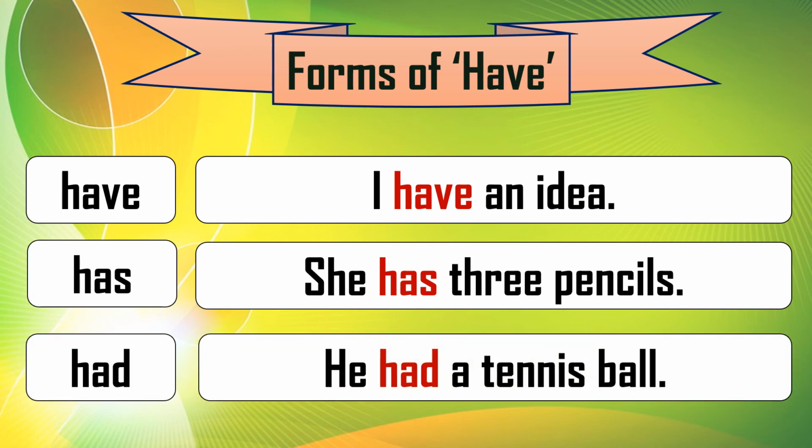He had a tennis ball. So here we have tried to frame the sentences in all the forms of be, do and have, right? So these are the auxiliary verbs, we call them primary auxiliaries as they can stand alone in a sentence, okay? And they can frame meaningful sentences.